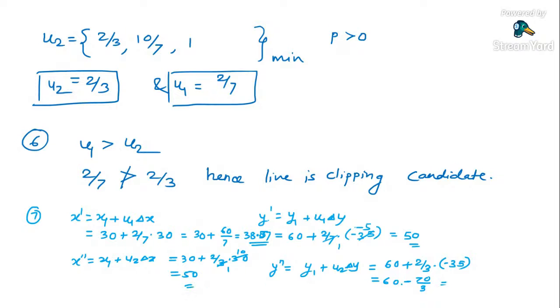And last, 70 divided by 3 gives 36.66. So we got the answers: x dash is equal to 38.57, y dash is equal to 50, x double dash is equal to 50, and y double dash is equal to 36.66. That is the final answer.